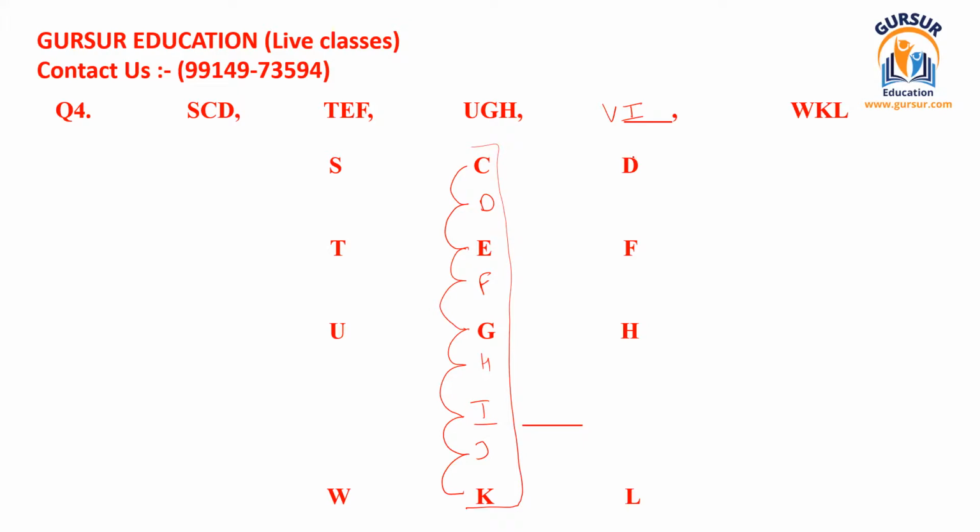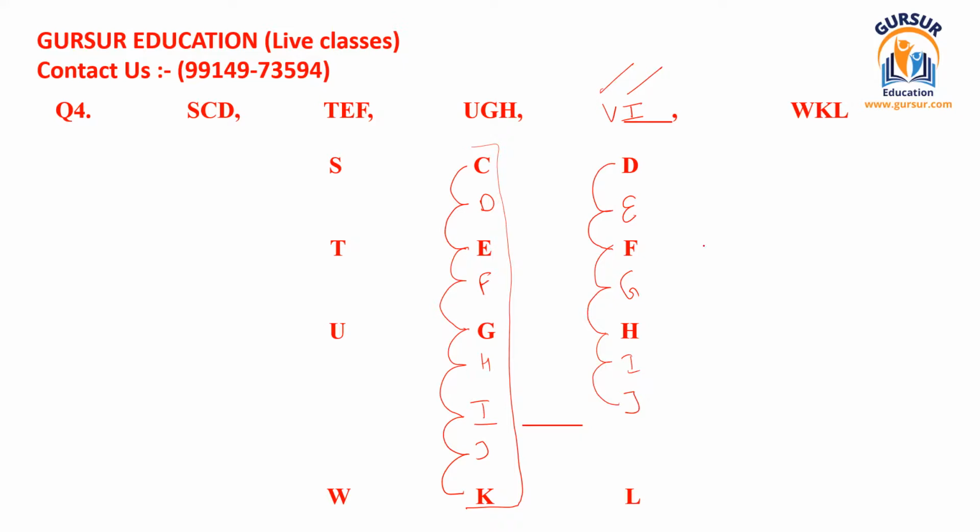Now we shall try to find the last one. We have already found the first and second, that was V and I. So here is D. After D, here is F. After F, there is H, there is a blank, then there is L. After D, E comes, after E, F comes, after F, G comes, after G, H comes, after H, I comes, after I, J comes.